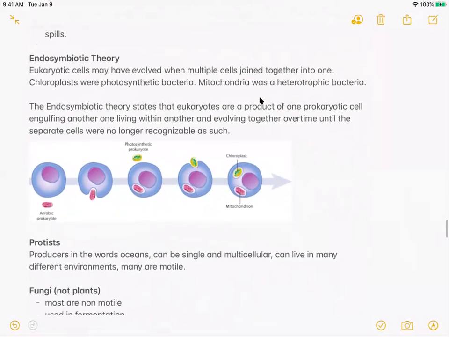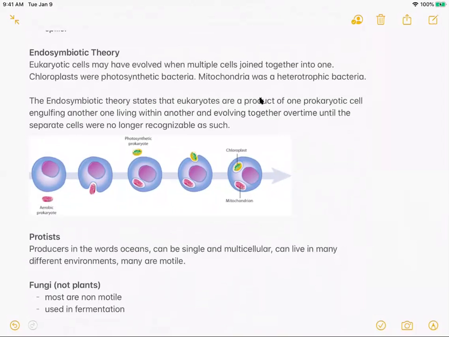All right, and then this module also talks a bit about the endosymbiotic theory. Basically, eukaryotic cells may have evolved when multiple cells join together into one. This is talking about chloroplasts and mitochondria. Chloroplasts existed as a photosynthetic bacteria, whereas mitochondria was a heterotrophic bacteria.